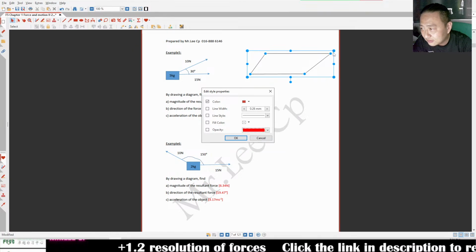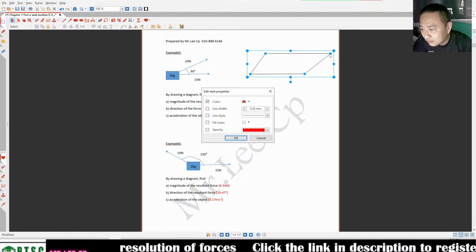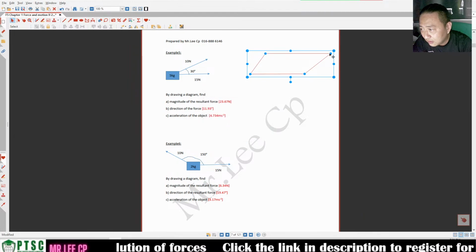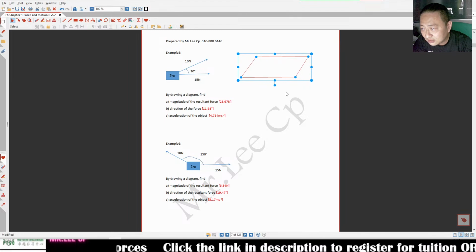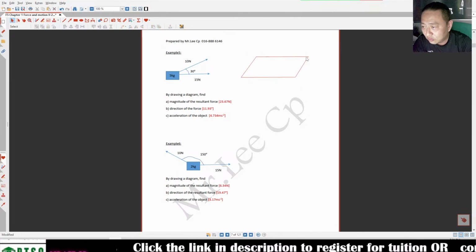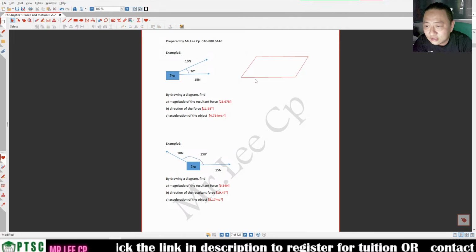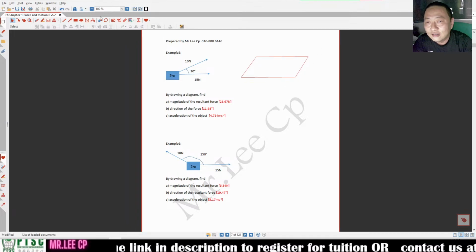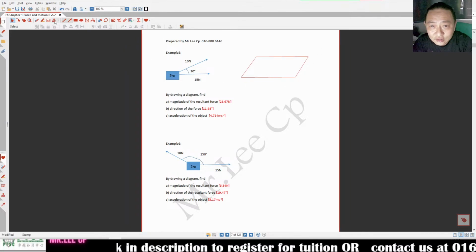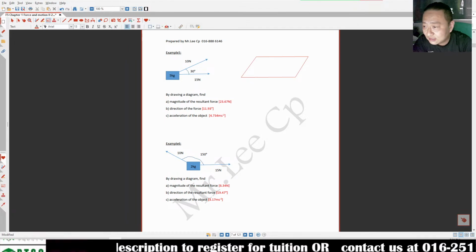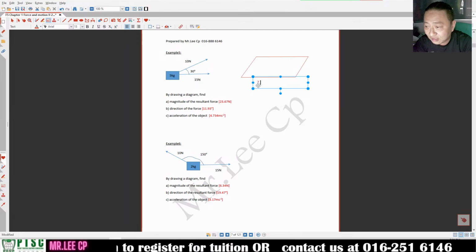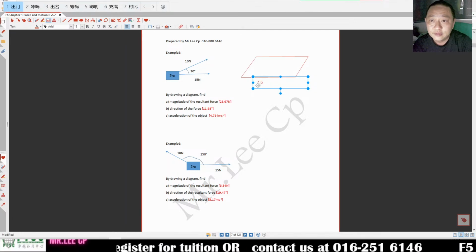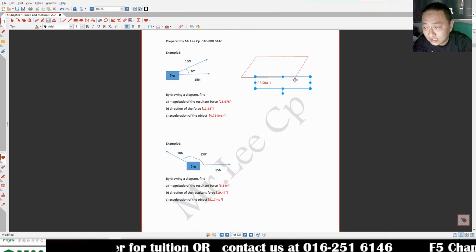Red color. Okay. And this, we call it a rhombus, right? Now this one, as I told you, if you want to use scale drawing, you can put it as 7.5 cm here.